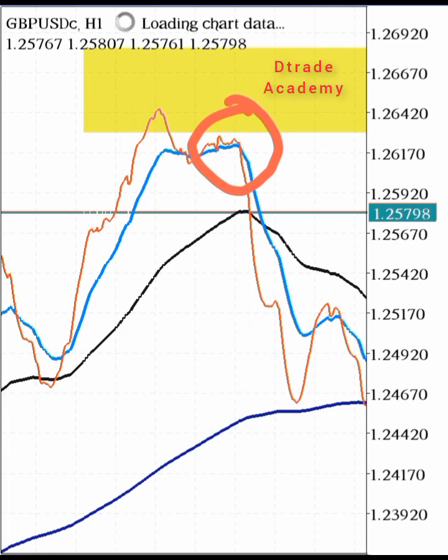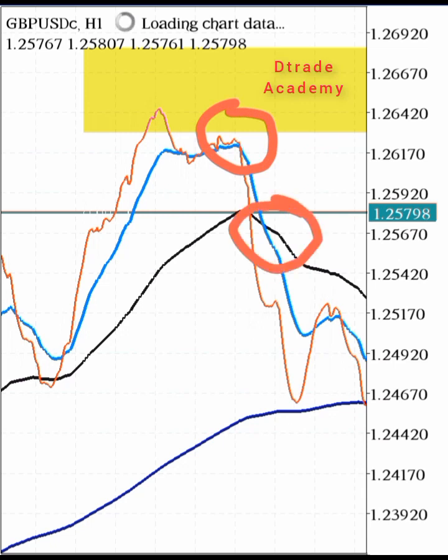So level 2 is when we have the water, which is the blue indicator, and the major, which is the black, crossing each other. So this is level 1, water and ketchup. Level 2, major and water crossing each other.